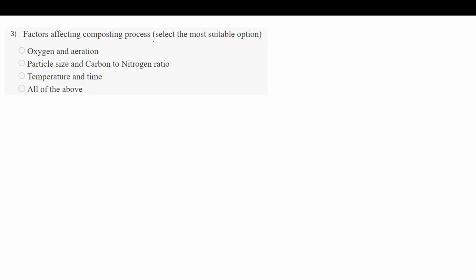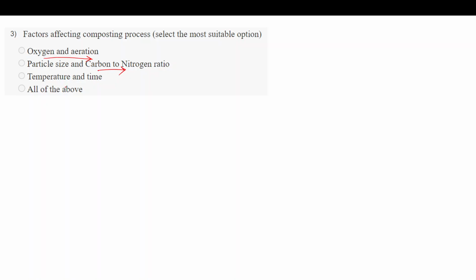Composting is a process where you are trying to generate fertilizer or manure, which can be used in agriculture, from the sludge. Oxygen is the basic requirement, since the microbes you provide act in aerobic conditions. So the oxygen and aeration as well as the mixing that you provide decide the composting process and the final value of that compost. Then the particle size and the carbon to nitrogen ratio.